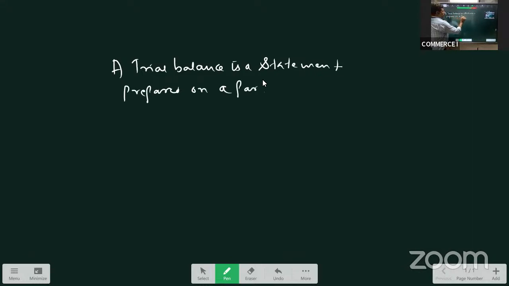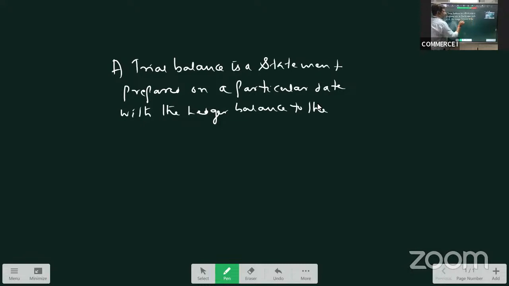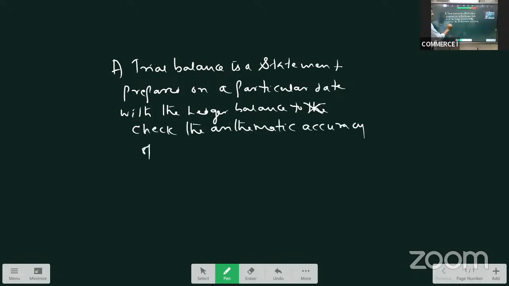A trial balance is a statement prepared on a particular date with the ledger balances to check the arithmetical accuracy of the books of account.